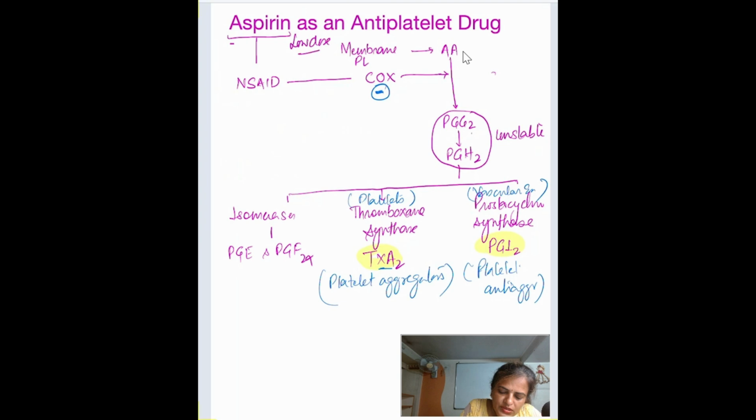In a low dose the students usually write that it is going to inhibit this one, and this one will remain. Right, partly it is right, but why in a low dose? You have to explain it.